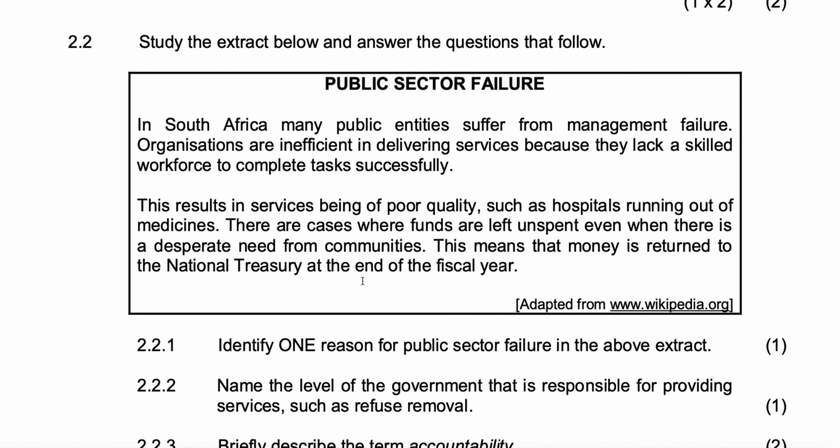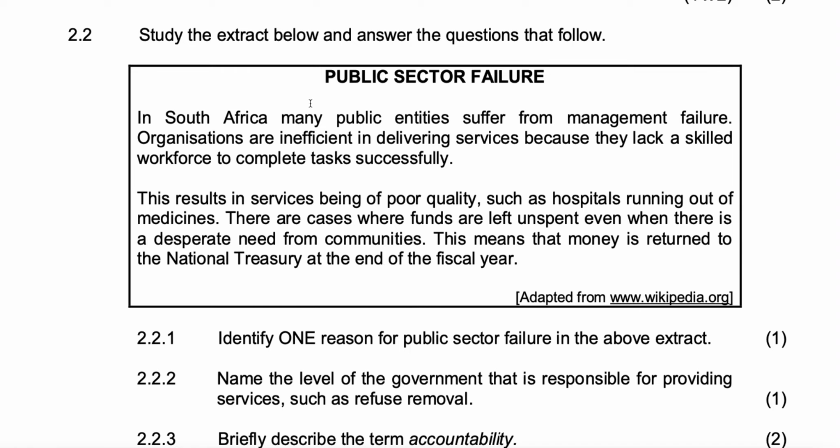Okay, that's it. Let's look at our data response question 2.2. Study the extract below and answer the questions that follow. Public sector failure. All right. So this is our My Little Brother Plays Soccer at Sundowns. M is management failure. L, that's lack of motivation.